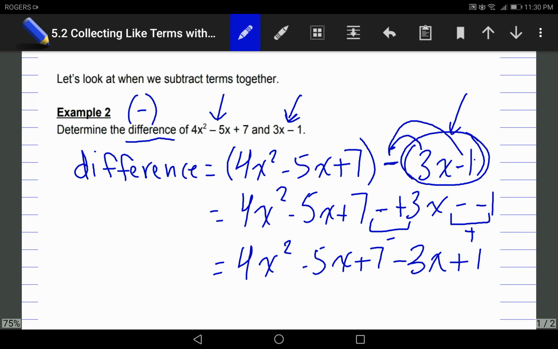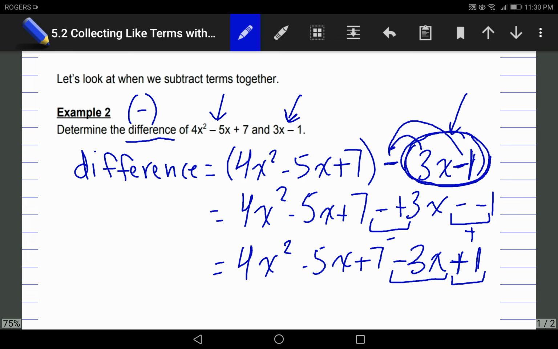And instead of minus 1 here, we used plus 1 here. So we really just flipped the signs. So we drop the brackets and we flip the signs inside this second bracket. So a positive 3x became minus 3x and a minus 1 became plus 1.